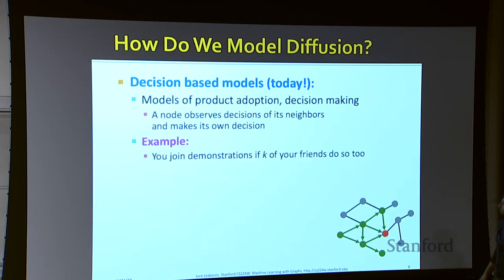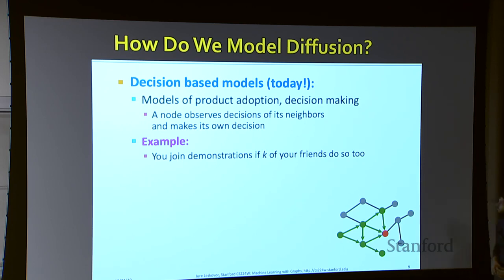Awesome. Let's move forward. So now, how do we model diffusion? I was mentioning it's extremely important to find a relatively simple and reliable model. So what are we going to see today, and in the next week or so? Today we're going to be talking about decision-based models.